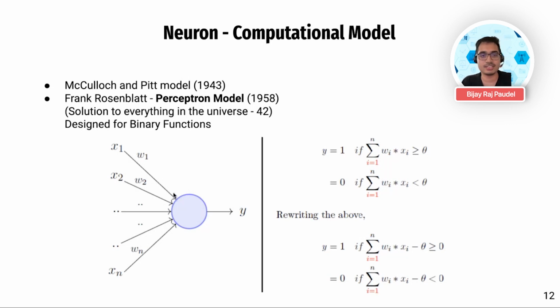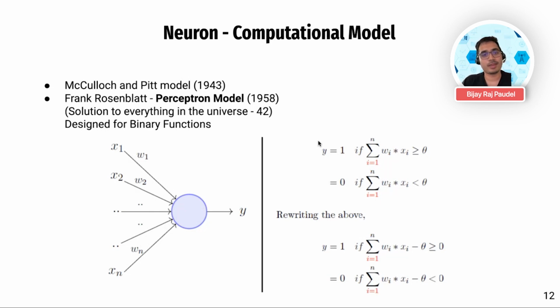It is still the same model of neuron that we have. When all the combined inputs and weights were greater than some value, here it is theta, the output was 1, otherwise the output was 0. That was the first model. Why 1 and 0?